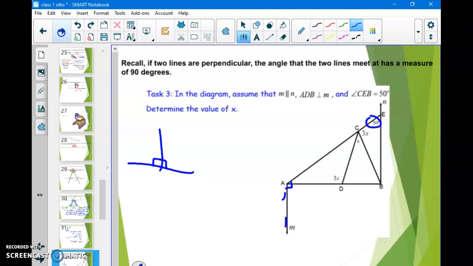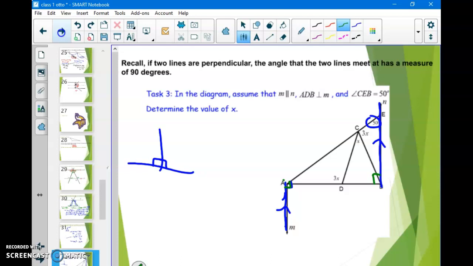And just for the fun of it, let's use, if this is parallel, that's n, and that's parallel to this one, that's m. I'm going to put these little lines in there to indicate parallel. And if they're parallel, and this is perpendicular, that means by alternate interior angles, that one's perpendicular.